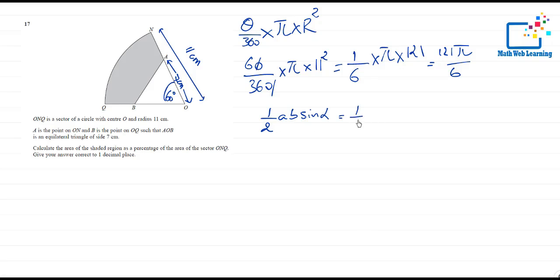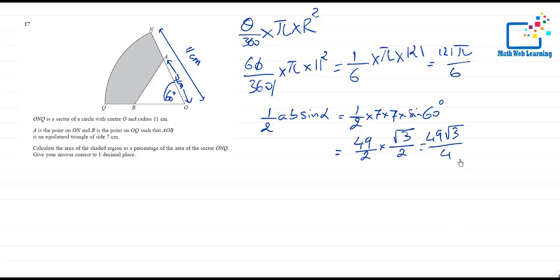So basically we've got half, 1 over 2, times 7 times sine 60 degrees. All right, let's do some calculation. 7 times 7 is 49 over 2, and sine 60 is square root of 3 over 2, and this will give me 49 square root of 3 over 4. Again, I'm going to leave it like this.